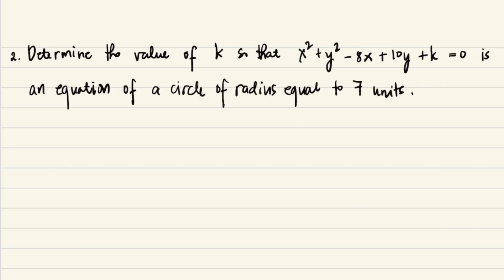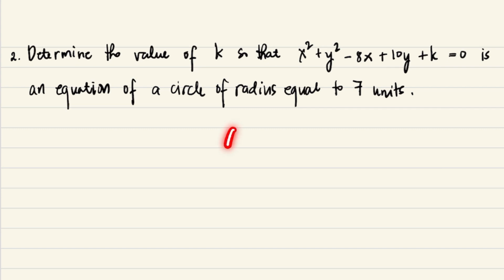For the second problem, it says: determine the value of k so that x squared plus y squared minus 8x plus 10y plus k equals 0 is an equation of a circle of radius equal to 7 units.